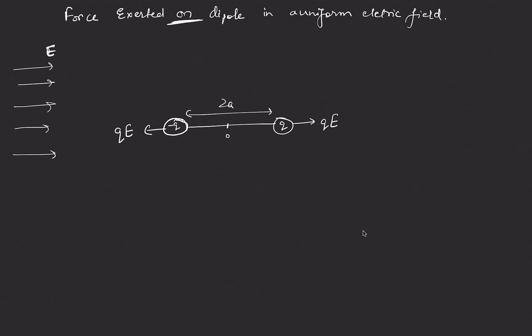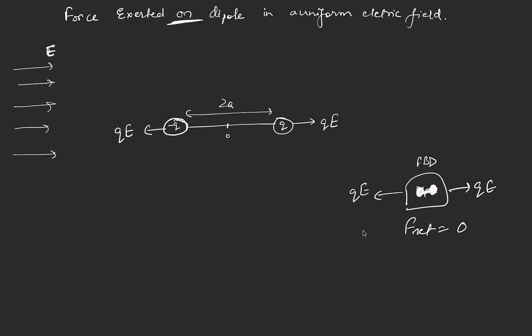So if we make FBD, free body diagram of the dipole, let's say this is dipole in this free body diagram. So a force of QE is exerted to the right, a force of QE is exerted to the left, therefore force net exerted on the dipole is 0.